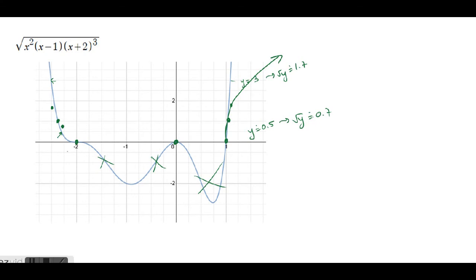Let's take another number, somewhere really close to 0, let's say 0.1, and take the square root of that. The square root of 0.1 is about 0.3, so it's still really close to the x-axis. So this actually tends to curve this way. Later on, when we study concavity, this would be very clear. For now, it's kind of unclear exactly why it's turning that way, whereas this one was turning this way.